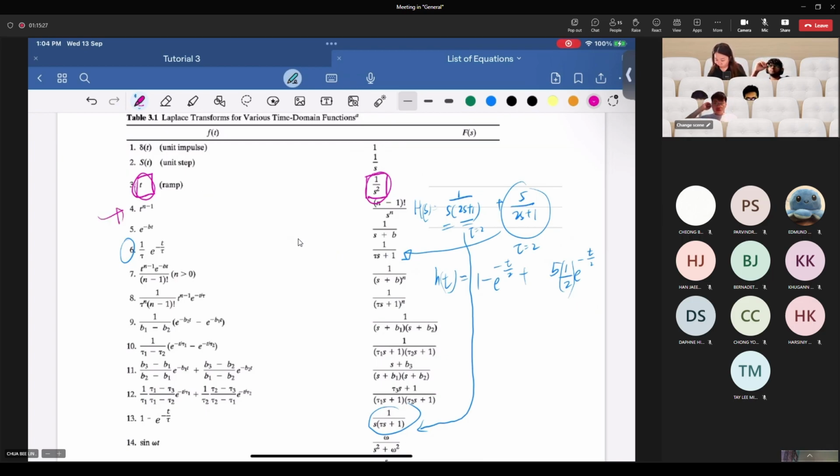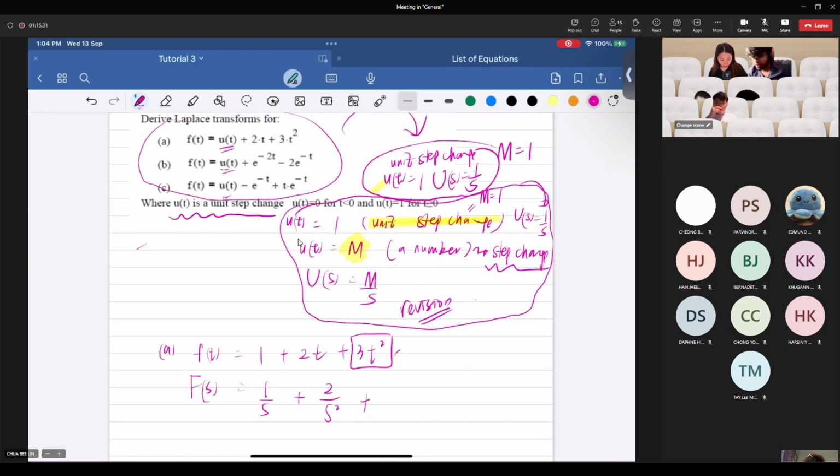So I will copy term 4 in here so that you can compare. So now solve using term 4, where term 4 is Laplace of t power n minus 1. The answer will be (n minus 1)!, then s power n.